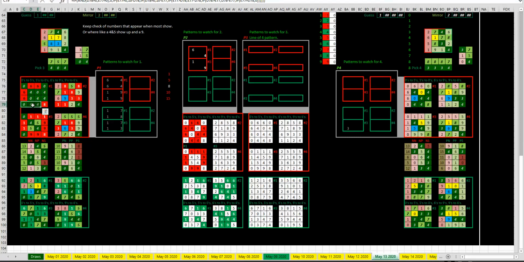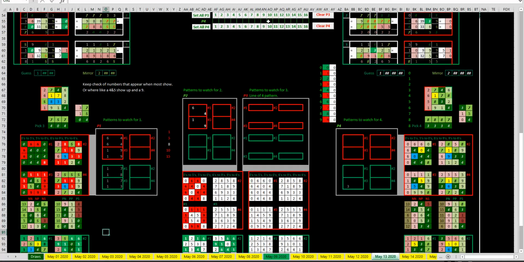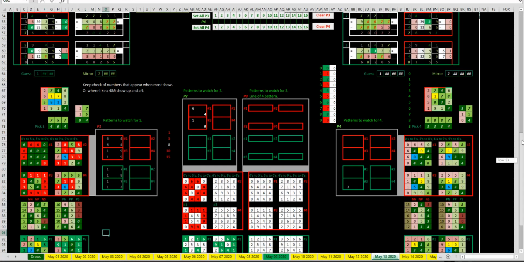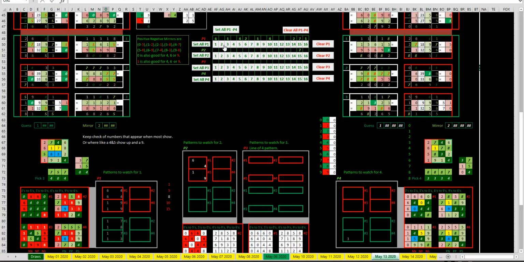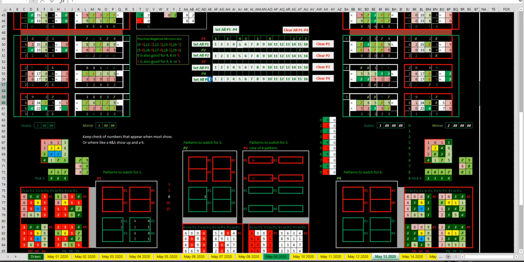But any way you want to go about it, your 404 is showing in a pattern here. But the key similarities, I think, were number 1. No. Maybe it was 1 on this one.